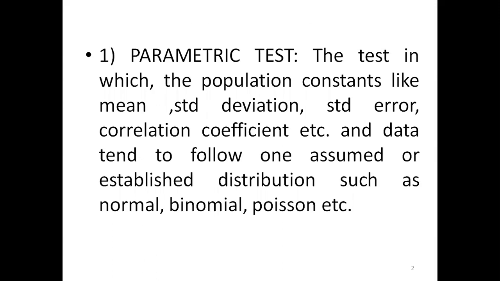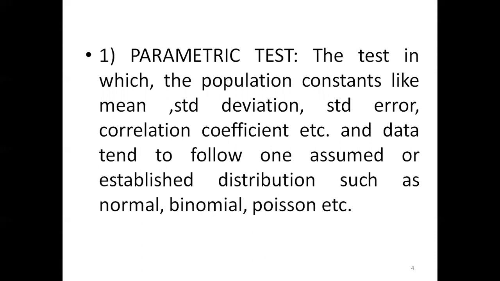Before starting this, we should know what we mean by parametric test and non-parametric test. The chi-square test is a non-parametric test, so you should know what a parametric test is. In a parametric test, the population constants like the mean, standard deviation, standard error, correlation coefficient, etc. are given, and the data tend to follow one assumed or established distribution, like the normal distribution you have read about.